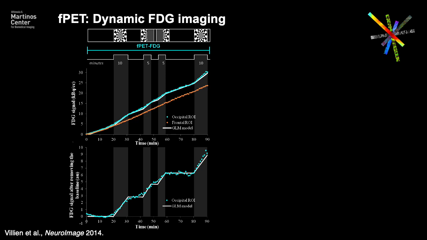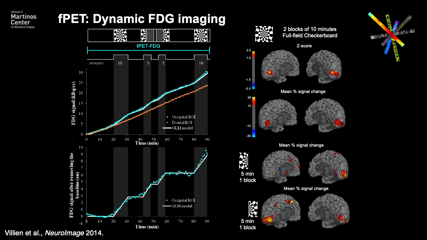And finally, I'd like to just talk about where we can push the limits of PET imaging in terms of timing. One of the things that needs to be taken into account is the experimental design. Here, we've introduced a method called fPET, where you can use dynamic imaging to look at changes over time in 5 or 10 minute implementation blocks, which is relatively fast for PET imaging.